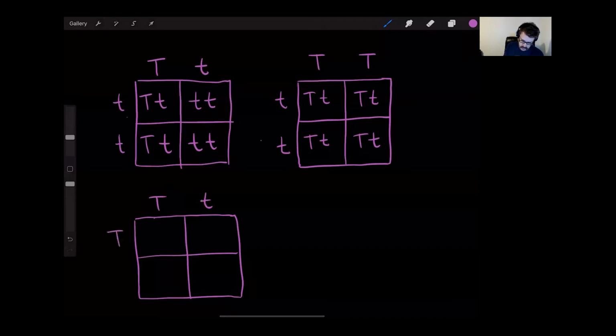Both parents have brown eyes, but they have a recessive blue eye allele, which means they're showing as being brown-eyed, but they have that trait. So let's see.